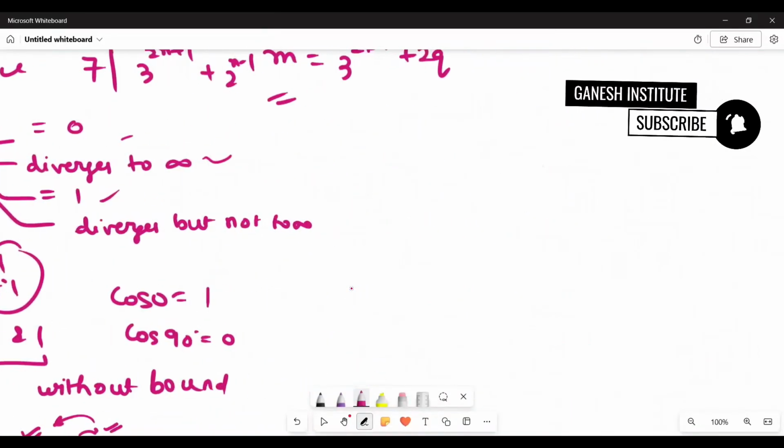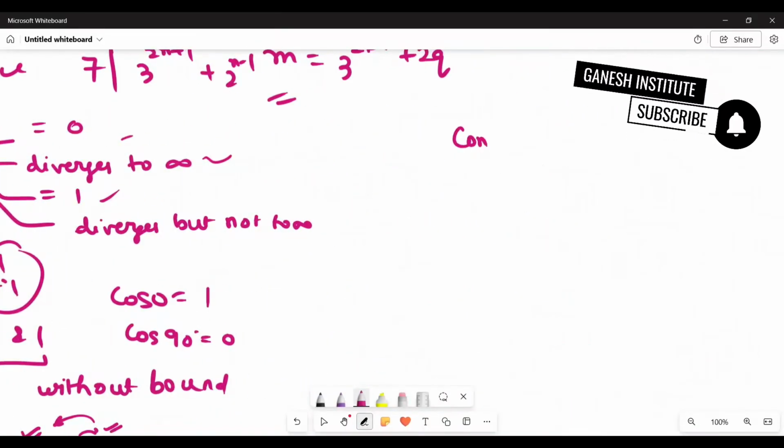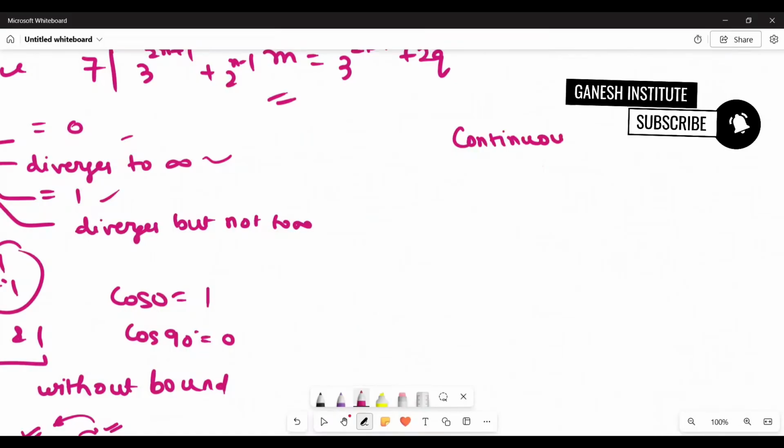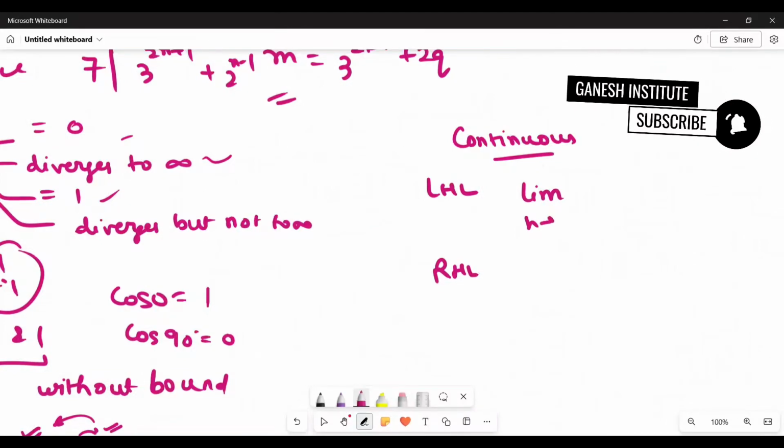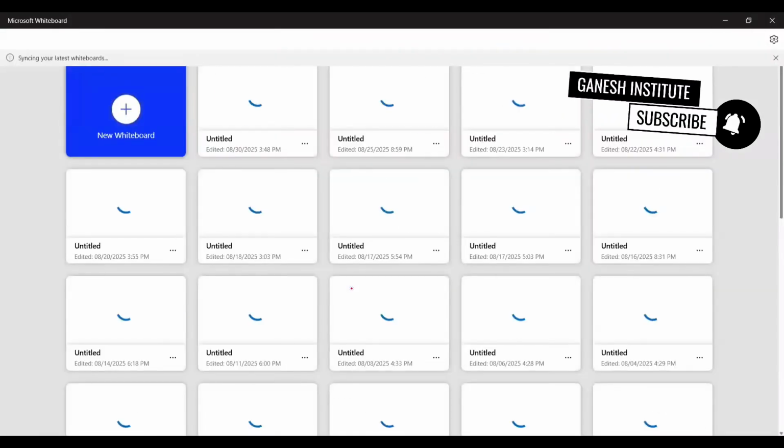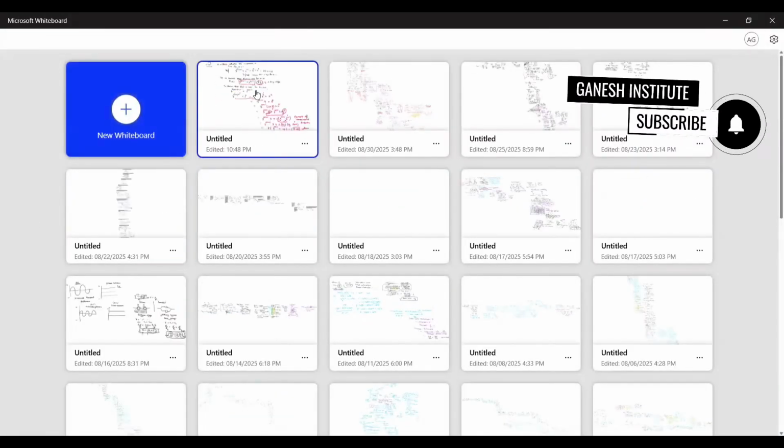So if I have to check whether it is a continuous function or not, then we use the left hand limit, the right hand limit and the function's value. So we'll write that n tends to h minus, some sort of thing we consider. Then it goes from a negative value to positive. Now here, what has happened?